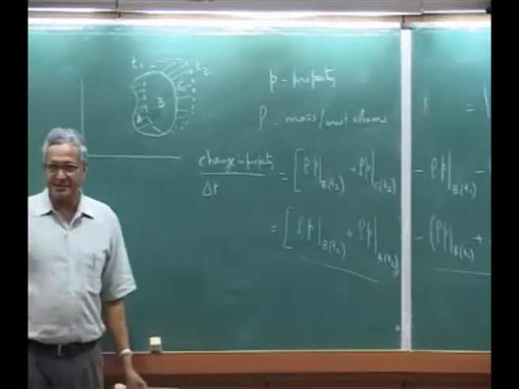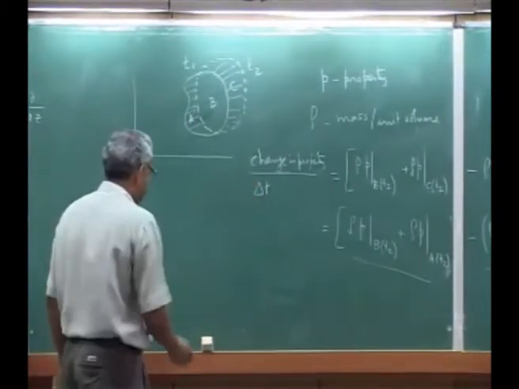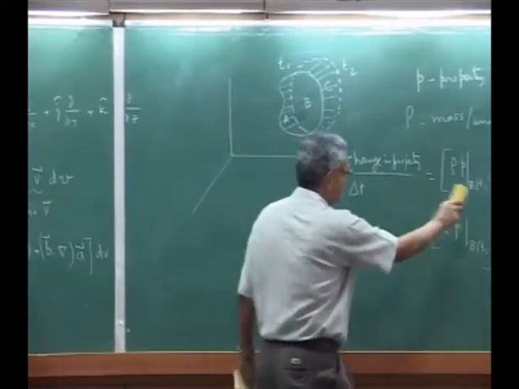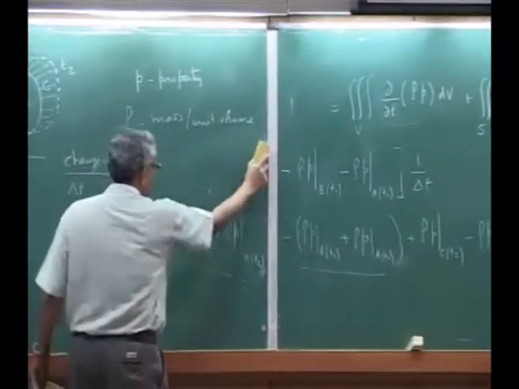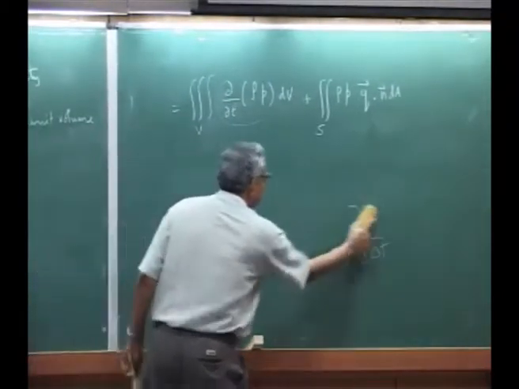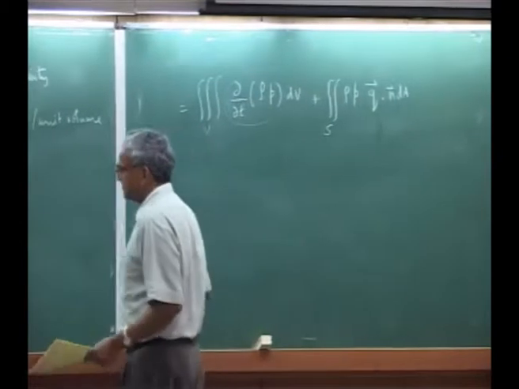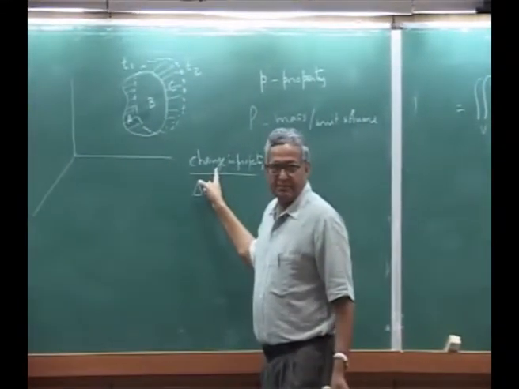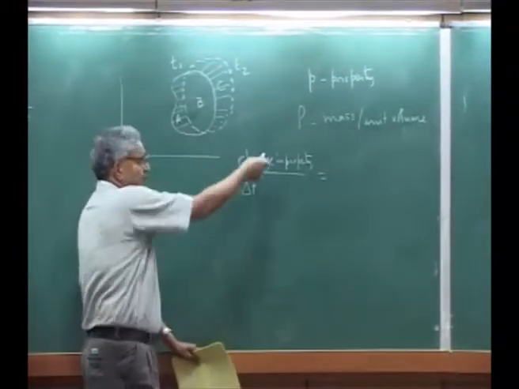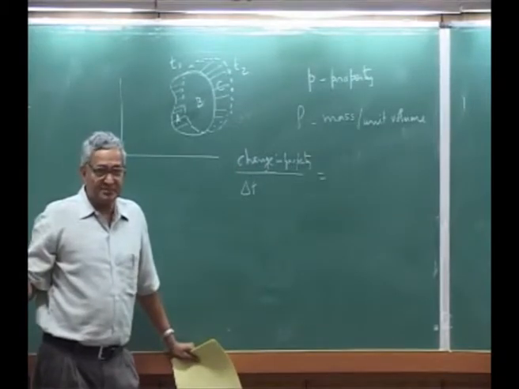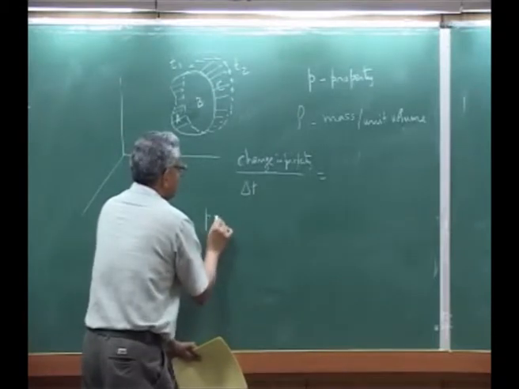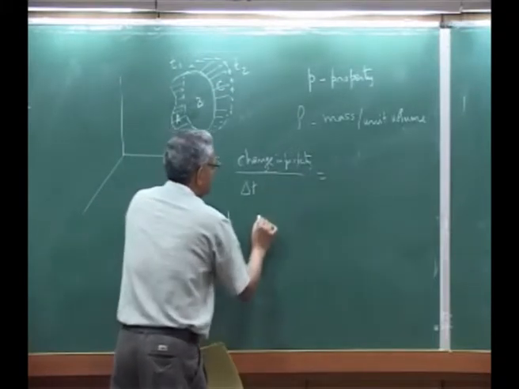Now we will derive our three equations right from here. Suppose I say my property is mass. I will erase this, this is not necessary. If I say my property is mass, change in mass is 0, it cannot change. So if my property P is 1, change in property is change in mass.